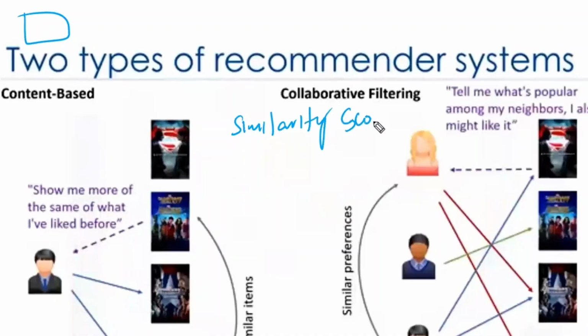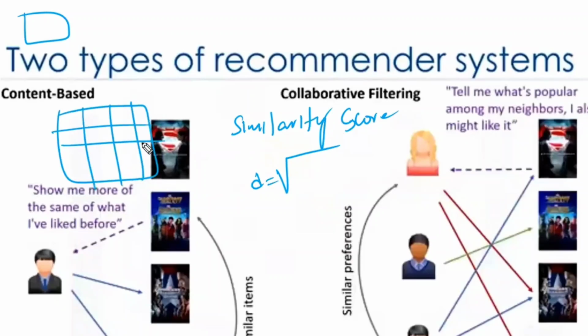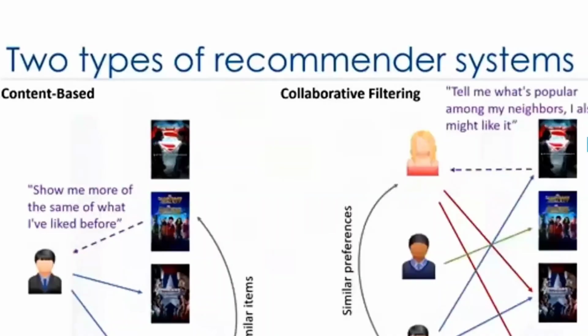What is meant by similarity score, you know? Distance formula. It is identifying, once again, the distance formula: how much distance there is from record to record, because it is structured data. If the distance is low, similarity is high. If the distance is high, similarity is low. Again, it is working on the distance formula completely. Is that clear?